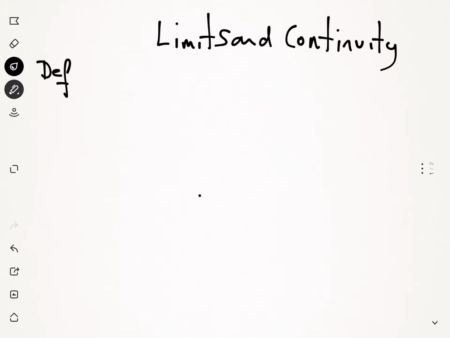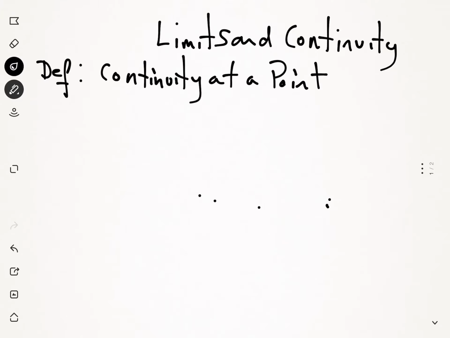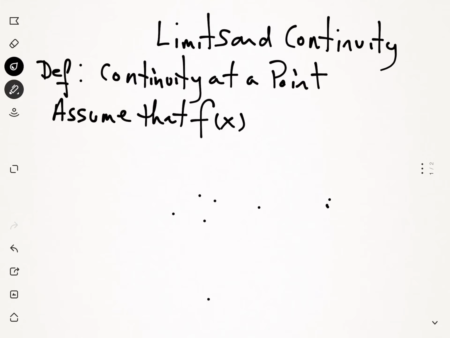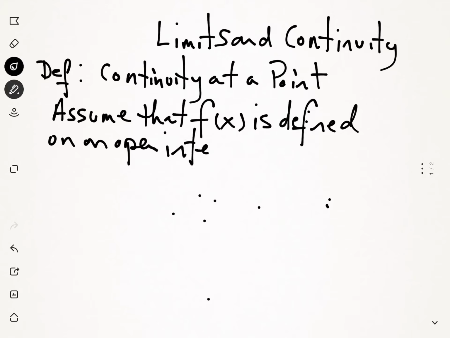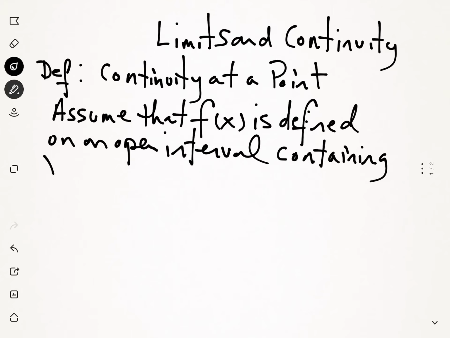Definition. Continuity at a point. Assume that f of x is defined on an open interval containing x equals c.